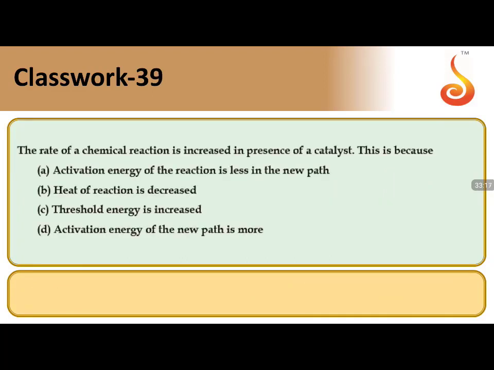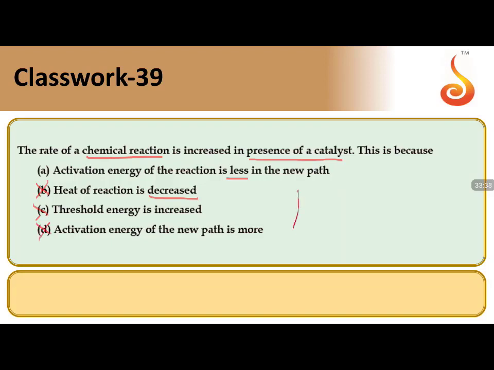Coming to the 39th question, the rate of chemical reaction is increased in presence of a catalyst. This is because of, let us see. Activation energy is less in the new path. Heat of reaction is decreased? No, this will not get affected. Threshold energy is increased? Wrong. Activation energy of the new path is more?